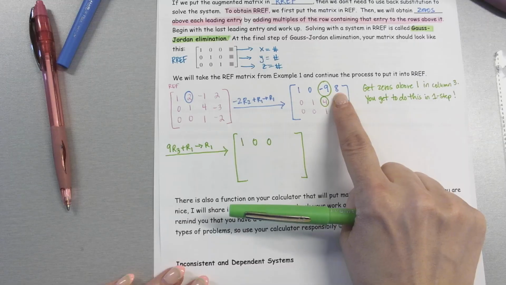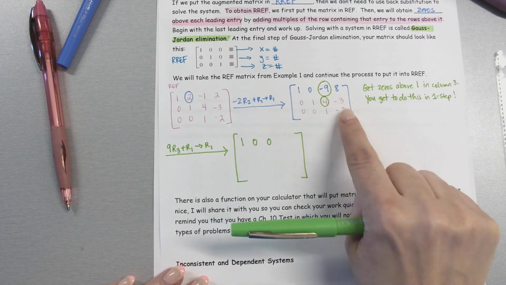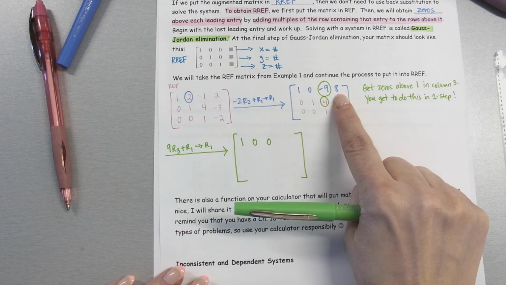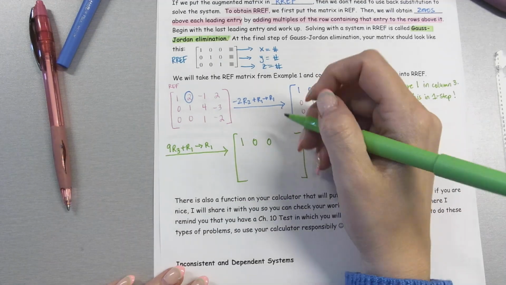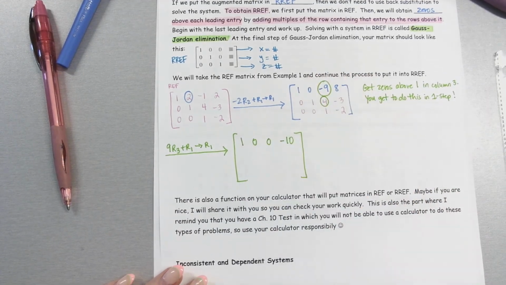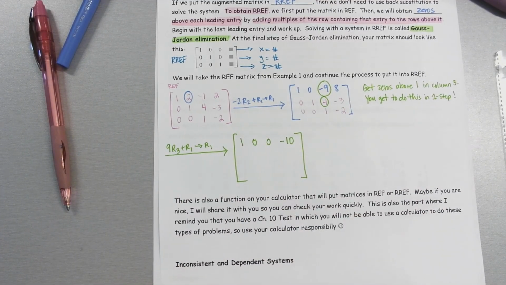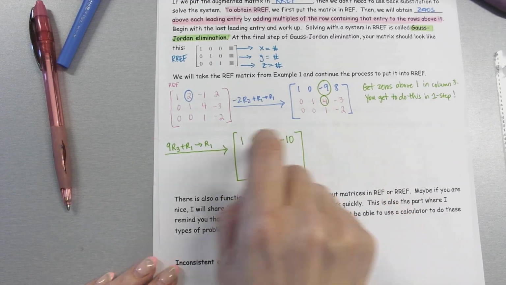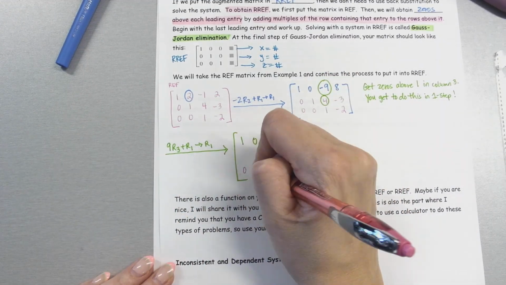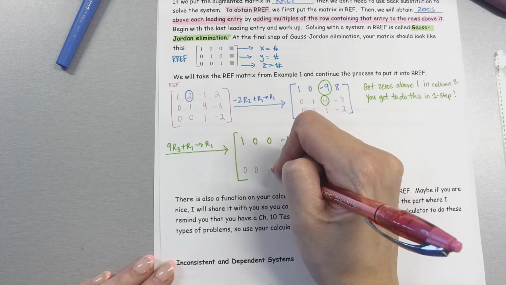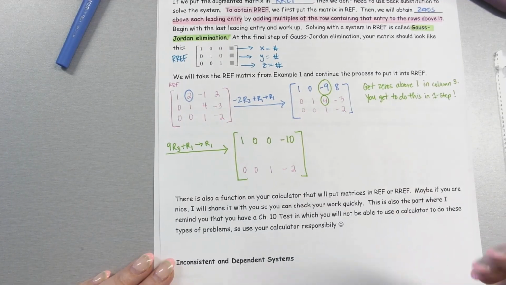Negative 18 plus 8 is what? Negative 10. Okay, and then do you guys want to write what we're going to do for row 2? Because we want to change row 1 and row 2. We're not going to be changing row 3. Row 3 is going to stay the same.